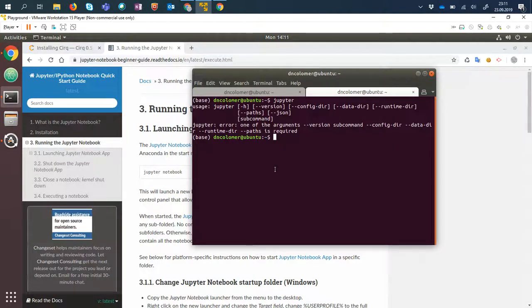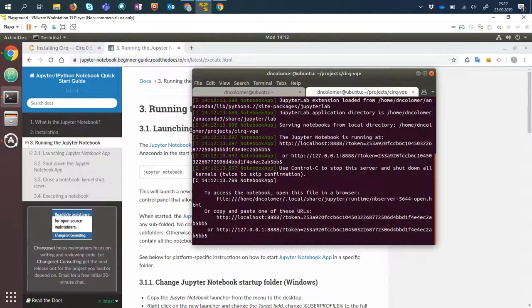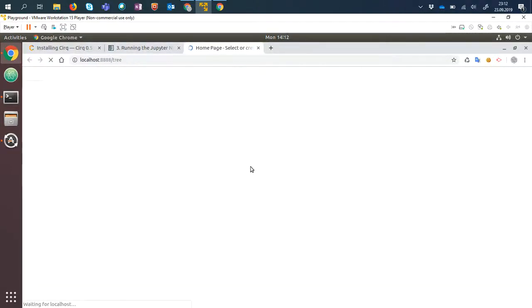So I'll go to the projects folder. I have a couple of things in here, so I'll create another one called Cirq VQE, and I'll just go there and say jupyter notebook, and that should open a notebook.